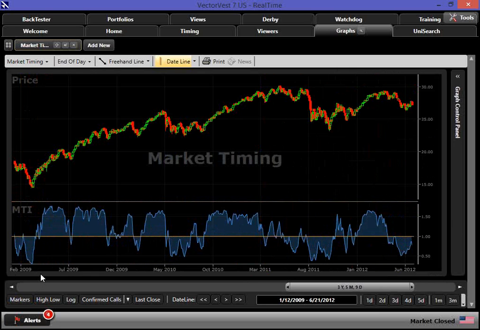And so the first question I ask is, let's look for correlation between market action and what the MTI is telling us. So the MTI is telling us the market was at a low. Was it? Sure was. Market's up. Sure was. Market's down. Sure was. Market's up. Sure was. So do you see correlation between the tops and the bottoms?